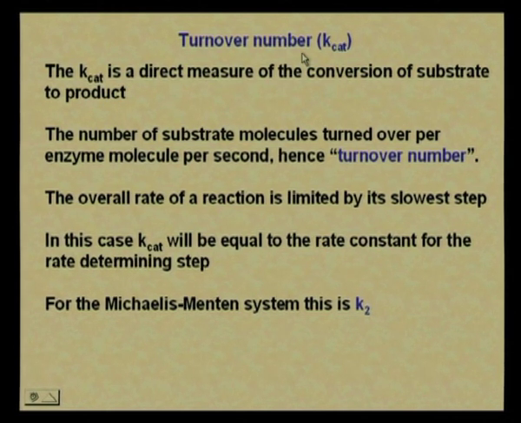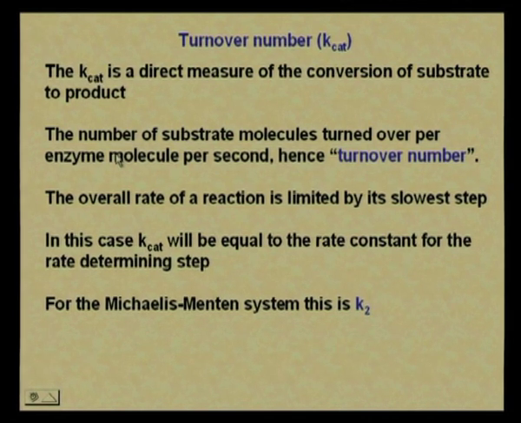It tells you what is called a turnover number, which I mentioned the first day when we started enzymes, where the number of substrate molecules forming the product per enzyme molecule per second is called the turnover number. Like how many substrate molecules can be turned over into product, because nothing is happening to the enzyme molecule, it is a catalyst.